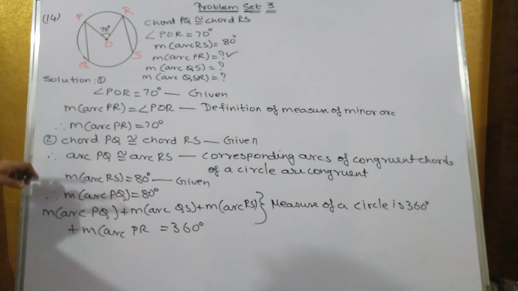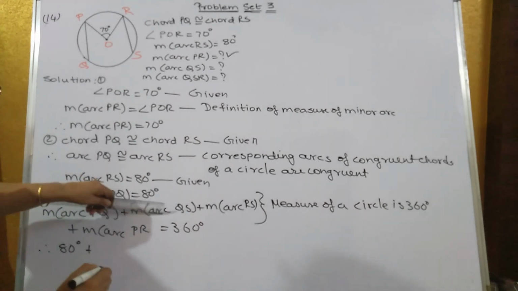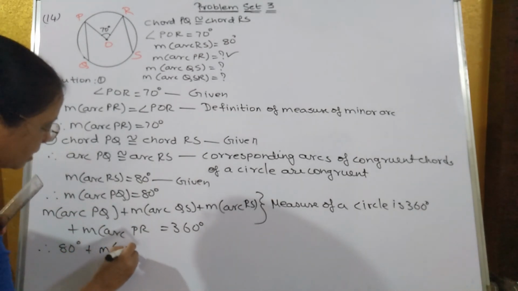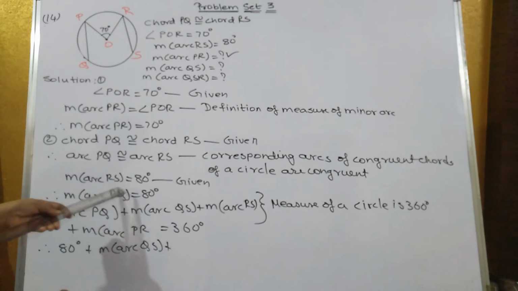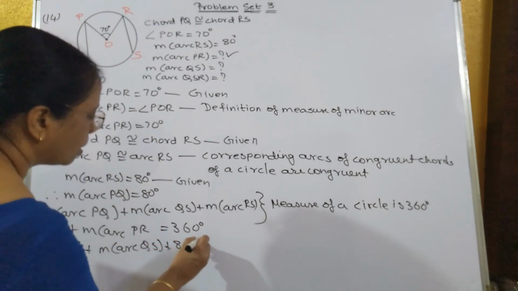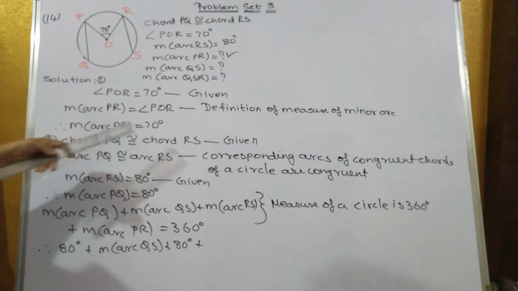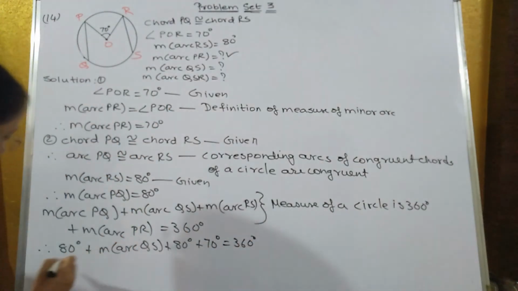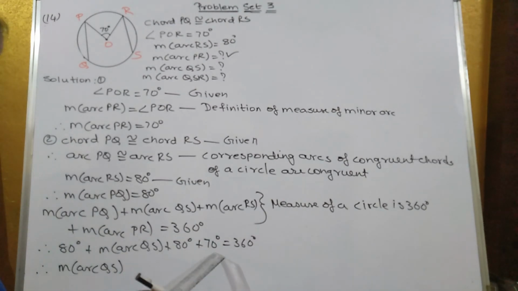We have got PQ is equal to how much? 80 degree. Therefore 80 degree plus QS, which we have to find out, measure arc QS, plus measure arc RS is equal to how much? 80 degree, plus measure arc PR. PR is equal to how much? We had got in the starting itself, 70 degree. So that is equal to 360 degree. Therefore, measure arc QS, and when you add the rest, 80 plus 80, 160 plus 70, 230.